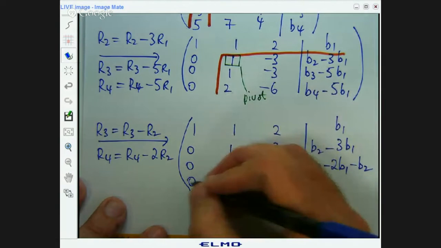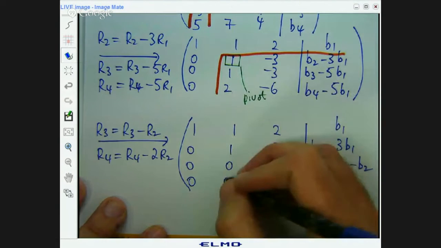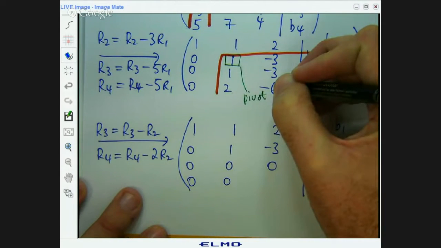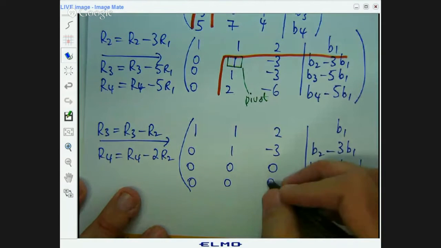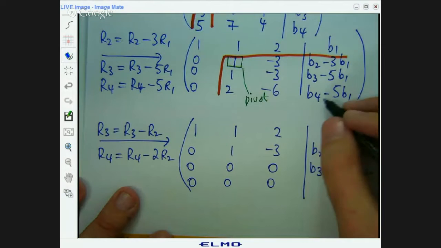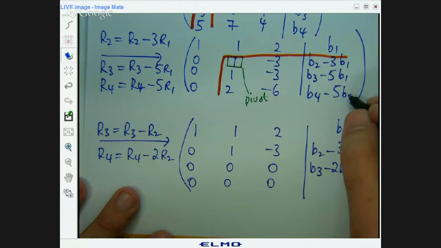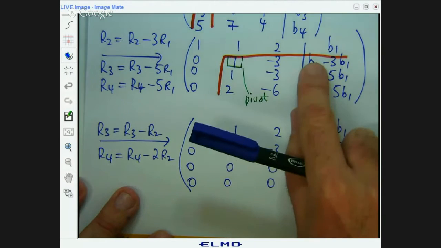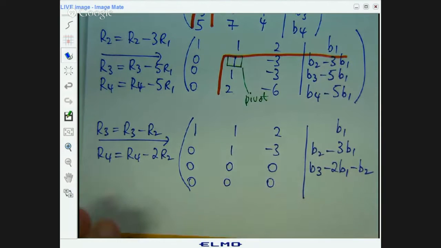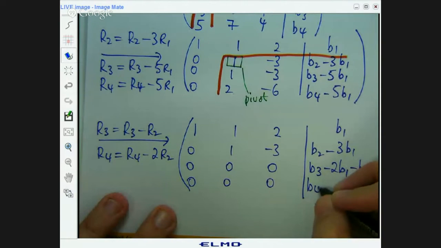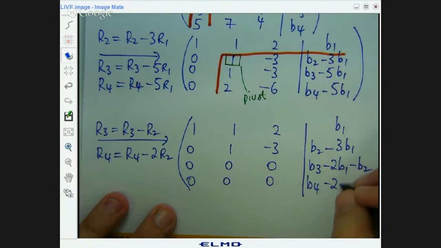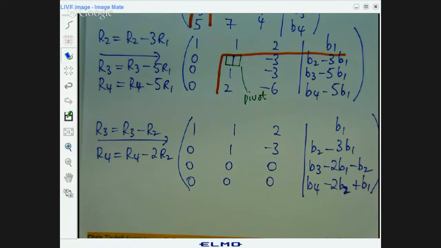So that'll be 0, 2 minus 2, 0. Negative 6 minus 2 times negative 3, negative 6 plus 6, 0. And B4 minus 5B1 minus 2 times B2 plus 6B1. So that'll be B4 minus 2B2 plus B1. Okay, I've just squeezed it in there. Great.